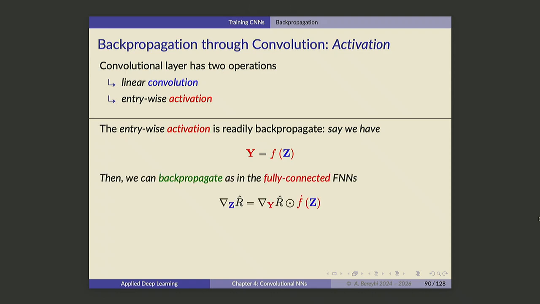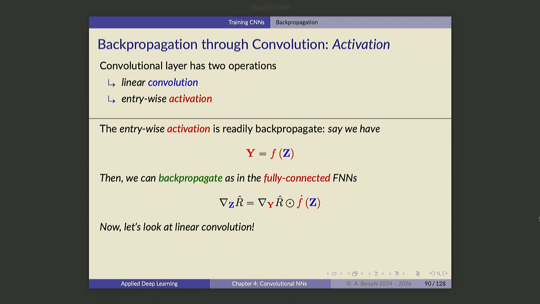You take the derivative of your activation function at every single point, and you multiply it to the gradients that you already have computed up to that point. This is the gradient of the non-activated version, right? So the gradient of r hat with respect to z is simply computed from the gradient of the activated version, right? That's not a big deal.